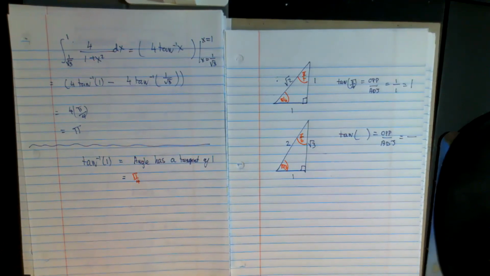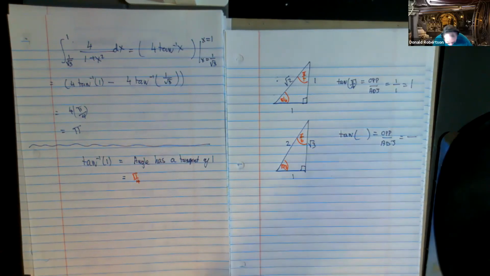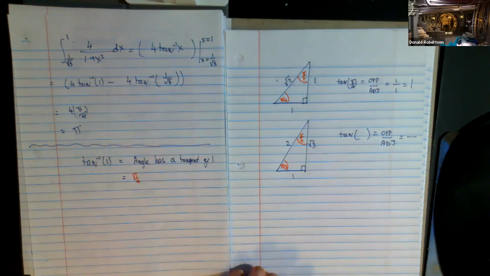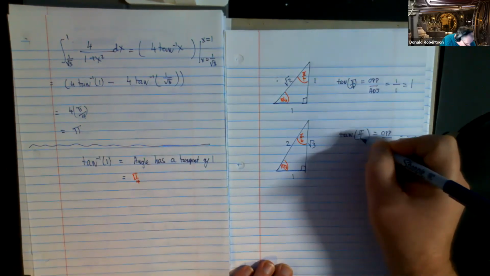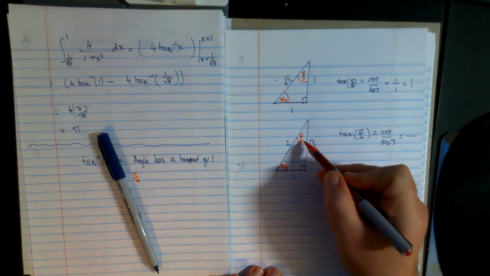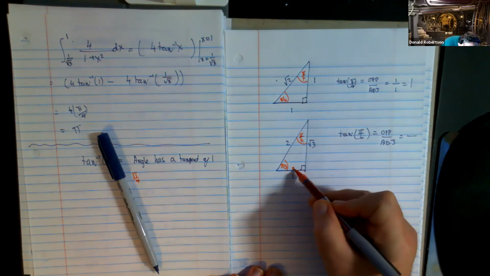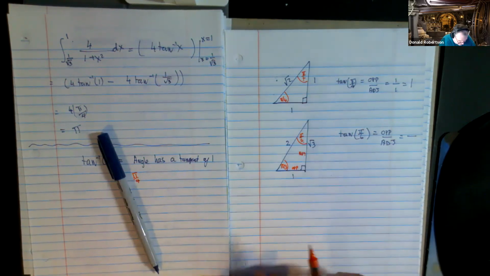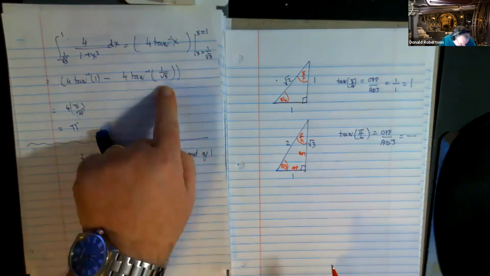Pi over 6. Opposite over adjacent. Now, opposite is in relationship to the angle. So from pi upon 6's perspective, this is the opposite and this is the adjacent. 1 over root 3. We have found that one.